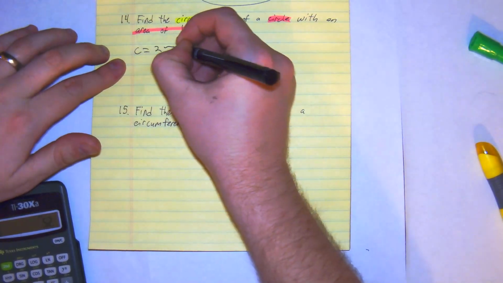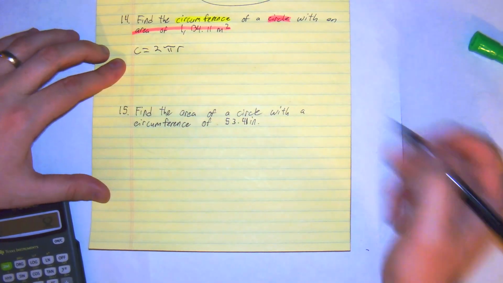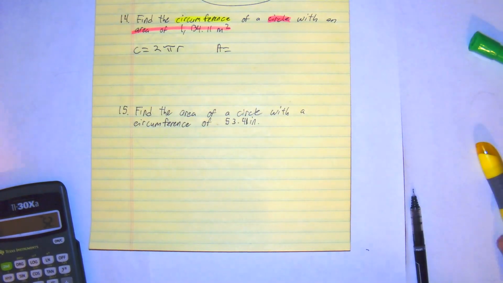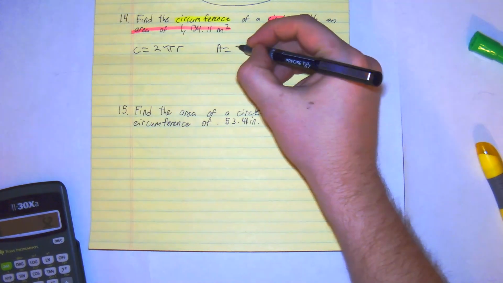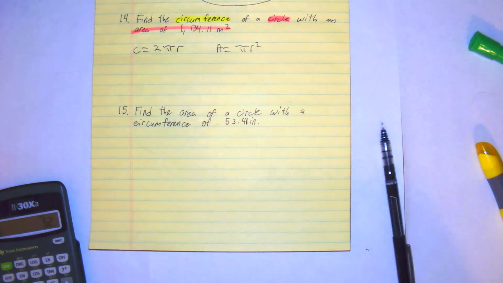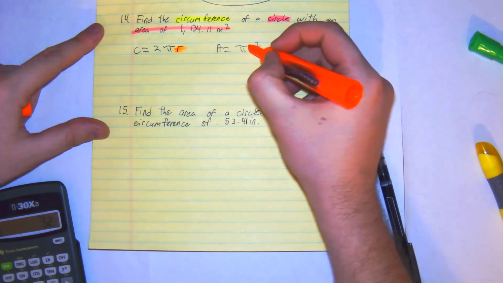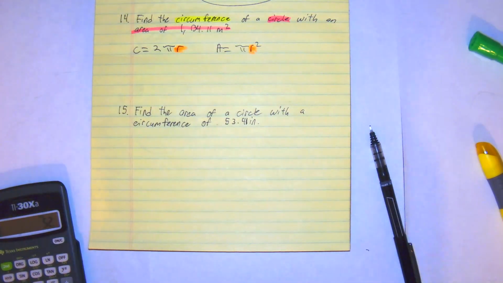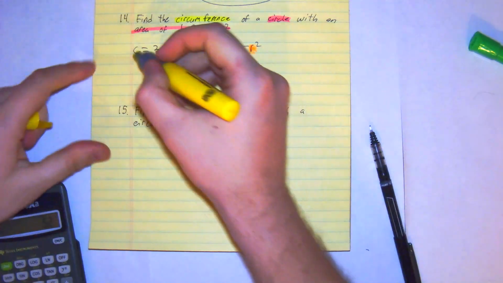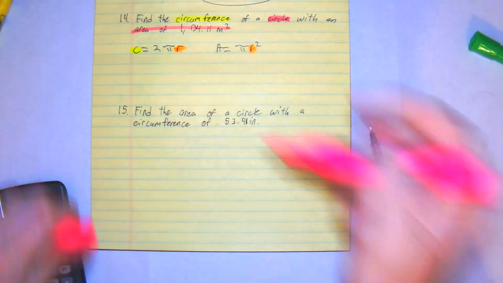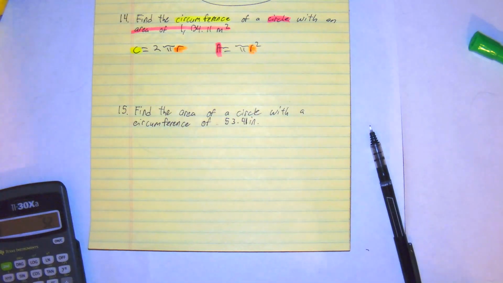Circumference is equal to 2 pi r, and area is equal to pi r squared. What they share in common here is the radius. So the goal is we want to get the radius. What we're trying to find with that radius is the circumference, and what we're given is that area.